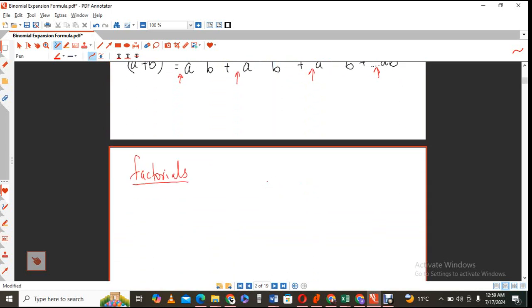So we come up with a formula, which is n choose r, and that is equal to n factorial over r factorial times n minus r factorial. It might be written slightly different, but it is what you get. Now, what does that mean?